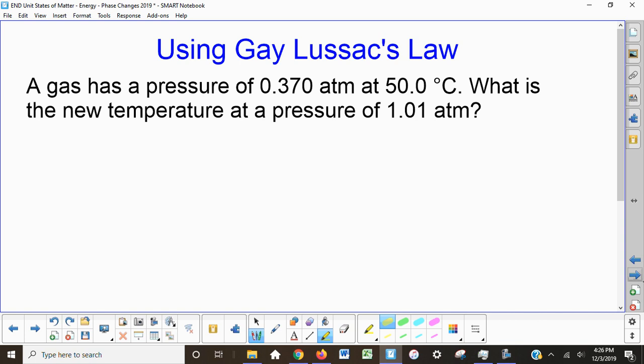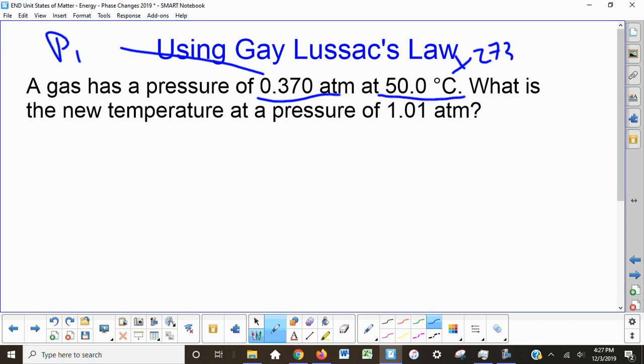So here we have a gas that has a pressure of 0.370 atmospheres. So this is our pressure 1, and it's at a certain temperature. I'm going to add 273 to it immediately and get my 323 Kelvin here.